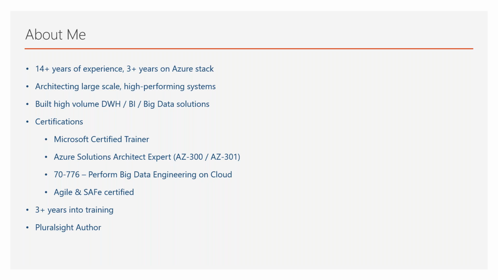I've also been involved in building data warehousing, BI, and big data solutions on a lot of different technologies. I started with a BI background, then went into big data, and alongside moved into the architect role and built a lot of performance applications as well.